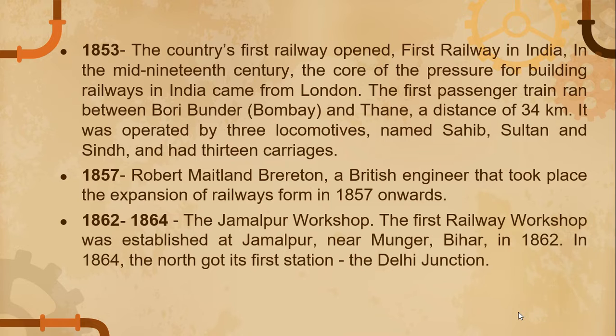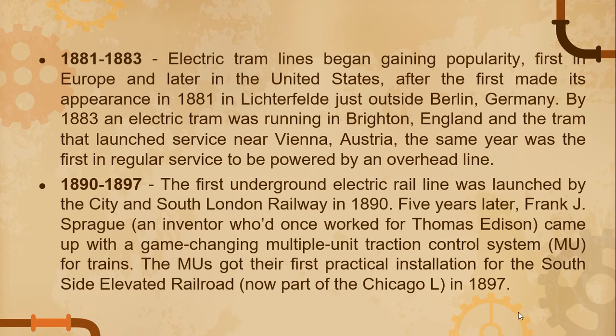In 1881 to 1883, electric tram lines began gaining popularity first in Europe and later in the United States. After the first made its appearance in 1881 in Lichterfelde, just outside Berlin, Germany, by 1883 an electric tram was running in Britain, England, and the tram that launched service near Vienna, Austria, the same year was the first in regular service to be powered by an overhead line.